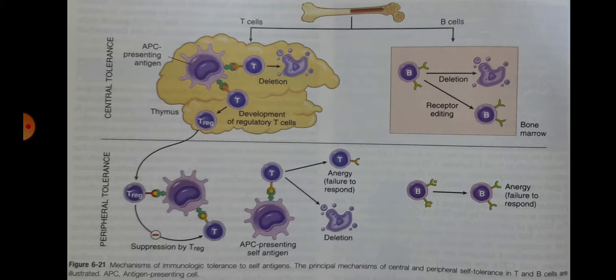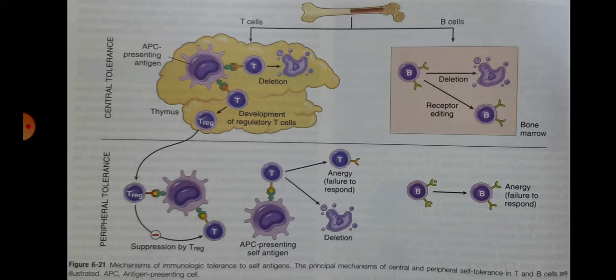1. Anergy. Lymphocytes that recognize self-antigens may be rendered functionally unresponsive, a phenomenon called anergy. We discussed earlier that activation of antigen-specific T cells requires two signals.